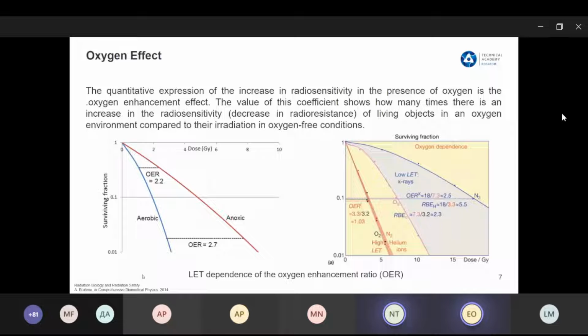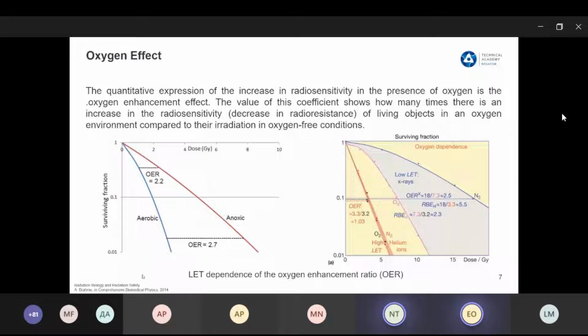For example, when a suspension of bacteria was irradiated under anaerobic conditions, the value of lethal dose 50 was equal to 1000 gray. When this type of bacteria was irradiated in an environment with oxygen, the lethal dose 50 for them was only 500 gray. The oxygen enhancement effect in this case will be equal to two.